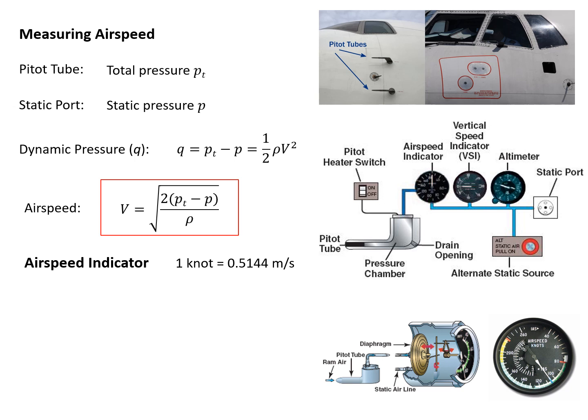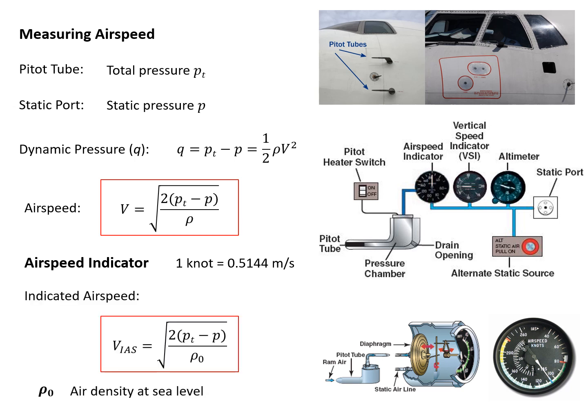And usually in aviation, we measure speed in knots. 1 knot is 0.5144 meter per second. The airspeed indicated by the airspeed indicator is defined as the indicated airspeed, or IAS, V_IAS, and you can see it's defined this way.